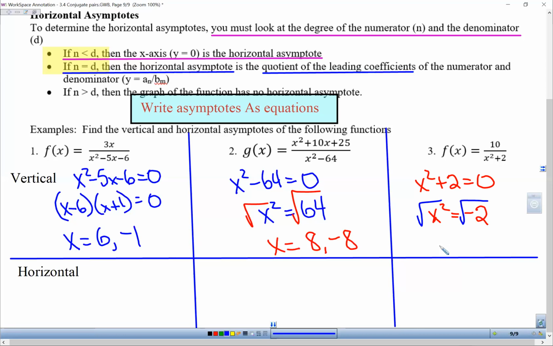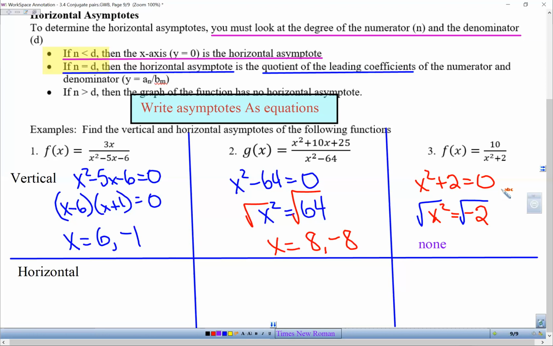So you have to get a real number for your asymptote. Now, it could be the square root. So if there wasn't a negative there, we would have radical 2 and negative radical 2. That's okay. But since there's a negative inside the radical, what that means is for this one, there are no vertical asymptotes. So it is possible that you don't have any. It has to be a real number.